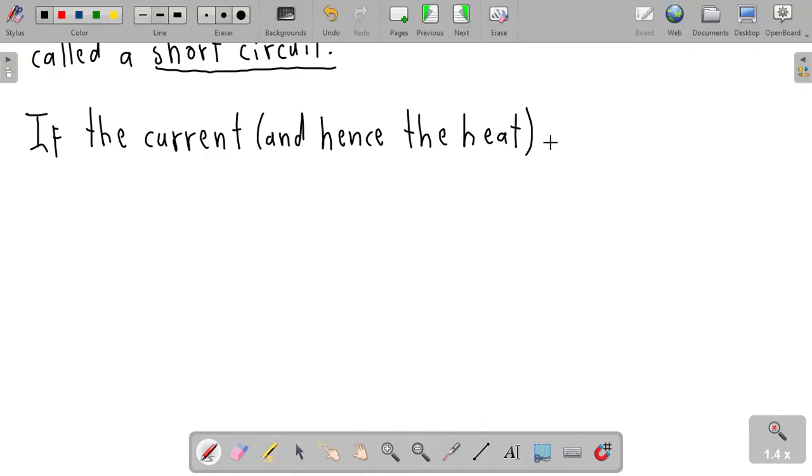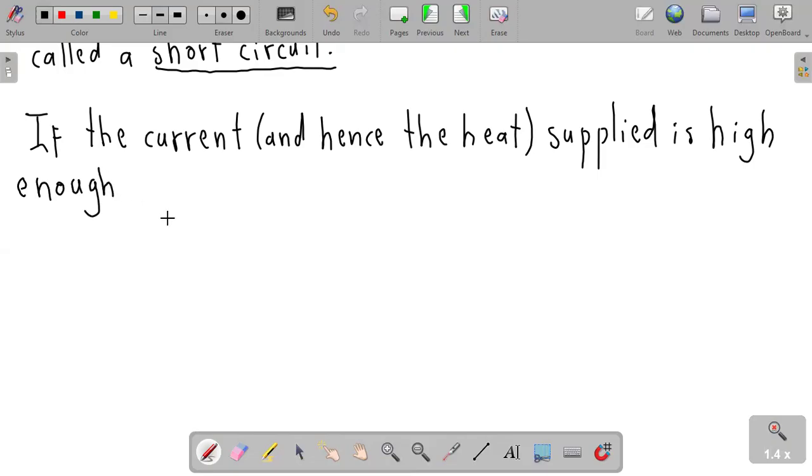So if the current supplied is high enough, such as in a house or a car.